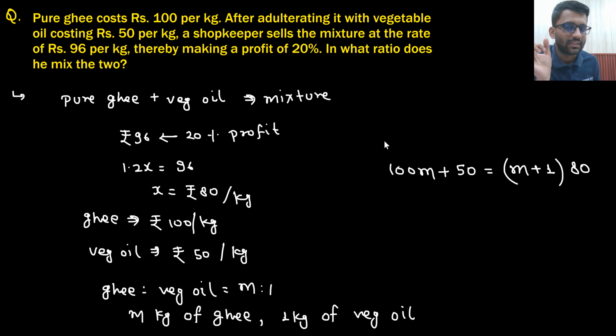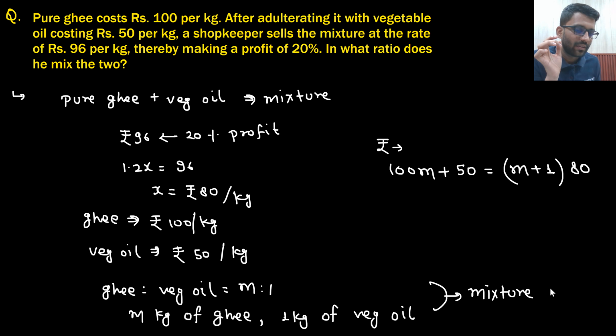We are equating rupees. Ghee would cost him 100 m rupees and 1 kg of veg oil will cost him 50 rupees. Now the weight of mixture is m plus 1 kg, and 1 kg will cost him 80 rupees. So m plus 1 kg will cost him m plus 1 into 80.